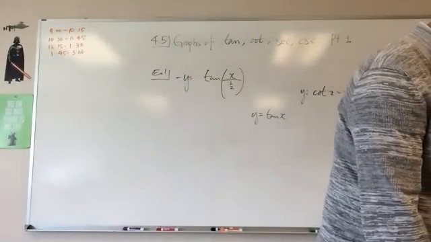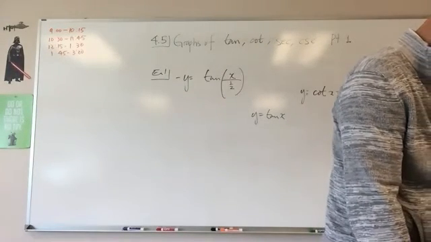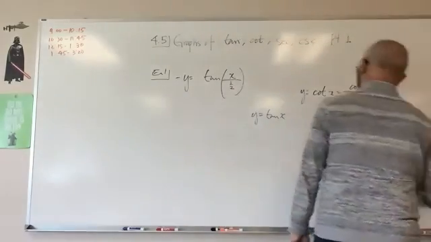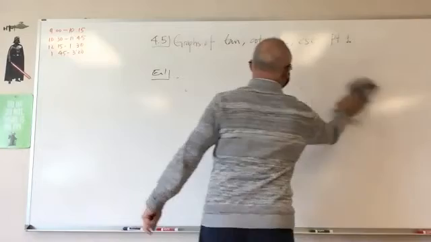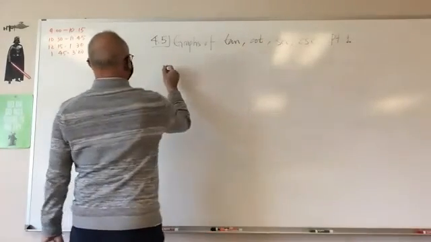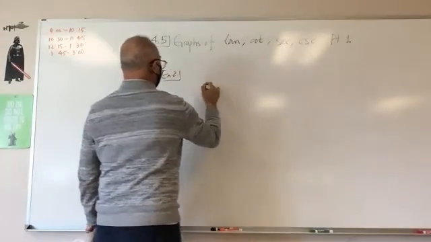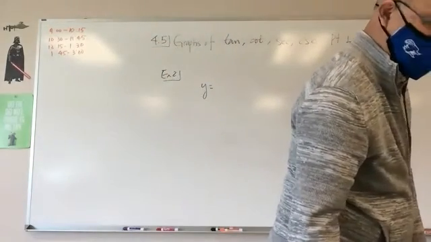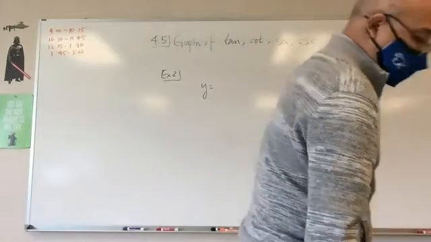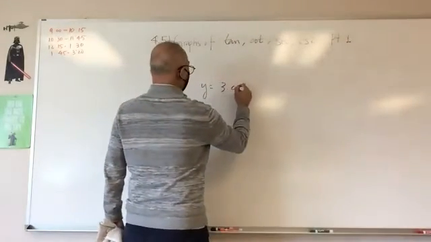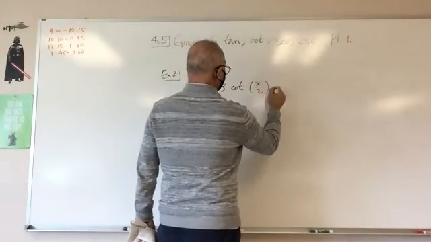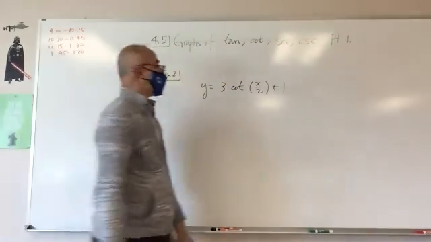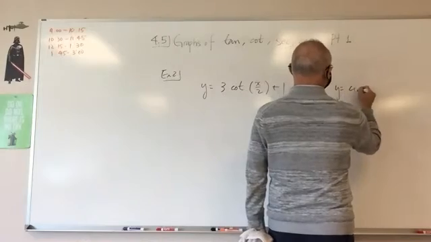Graphing a cotangent function. Describe the graph in terms of the basic trigonometric function. So this is, again, kind of the same vein here. We're going to do example number 2. Y is equal to 3 cotangent of x over 2 plus 1. So again, we're going to start with the cotangent x. Y is equal to cotangent x.